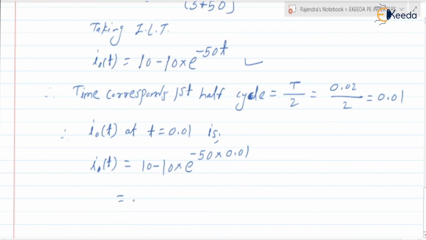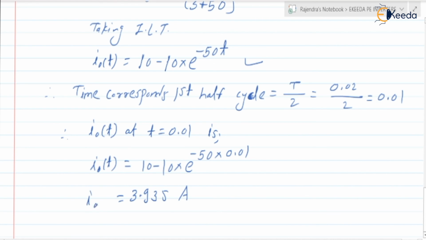Okay, so e to the power minus 50 into 0.01, so it is 10 minus 10 into e to the power minus 0.5, which gives 3.935 ampere.